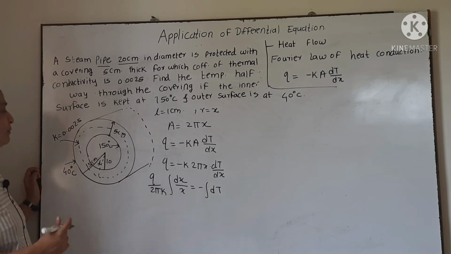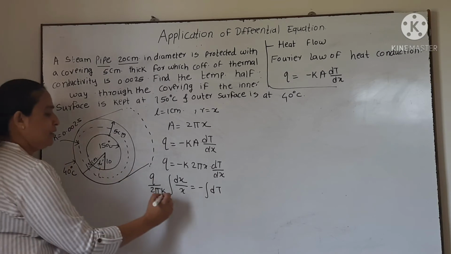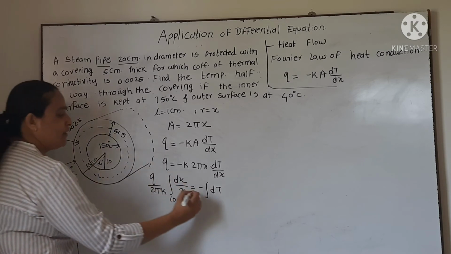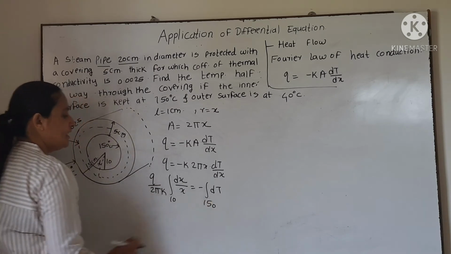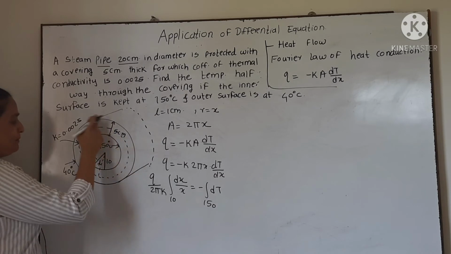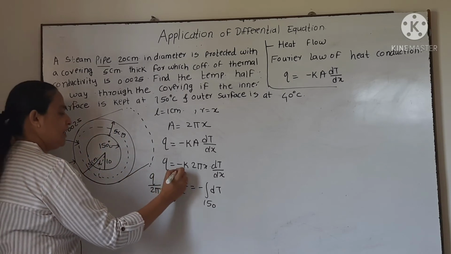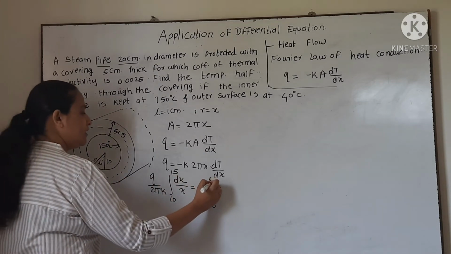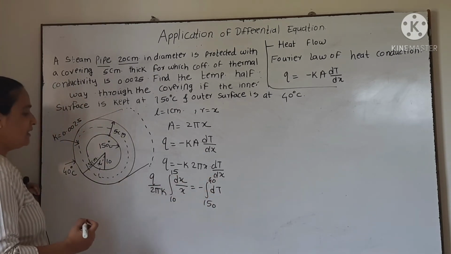Now we will write down the limits. When the radius is 10 centimeter, that means when x is equal to 10, the inner surface is kept at 150 degrees Celsius. And at the outer surface, 10 plus 5, that is 15, temperature is kept at 40 degrees Celsius. So we can integrate this easily.